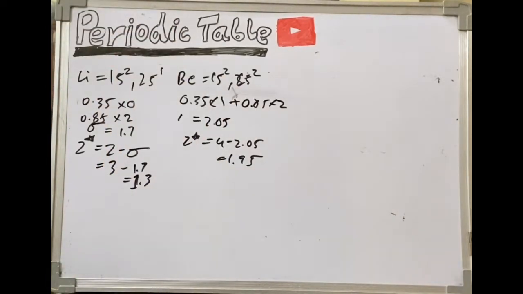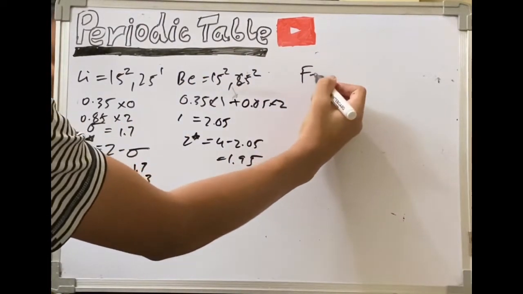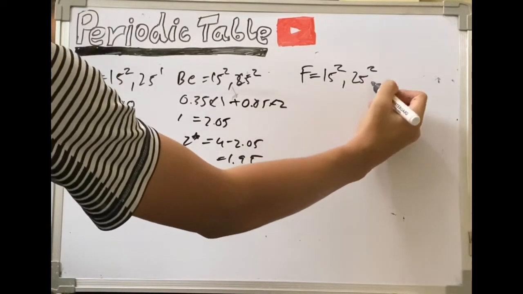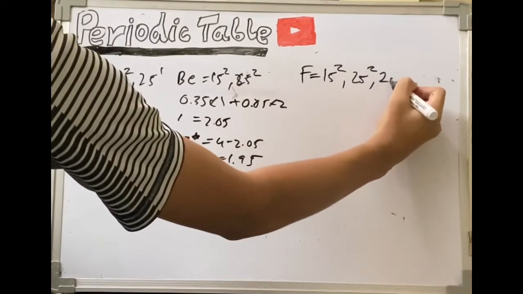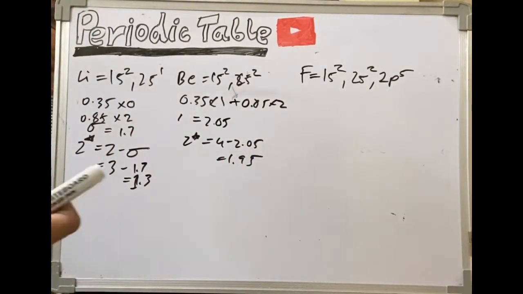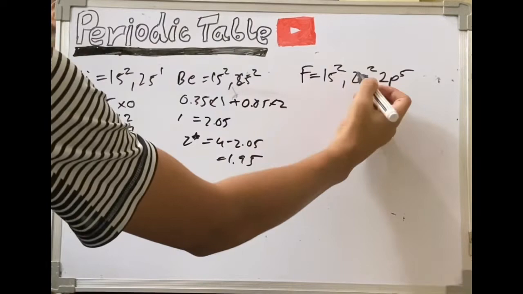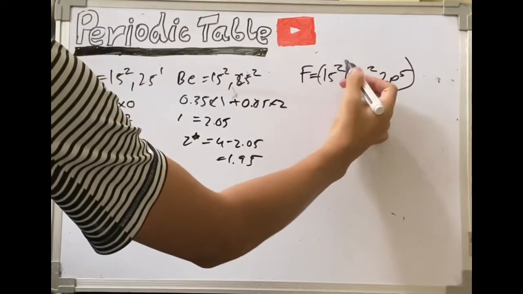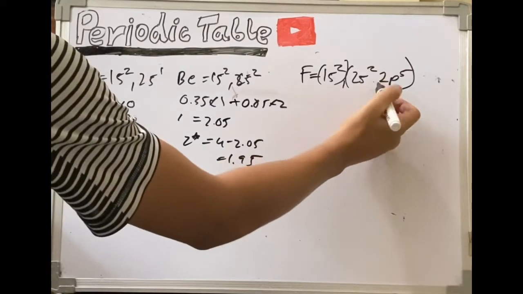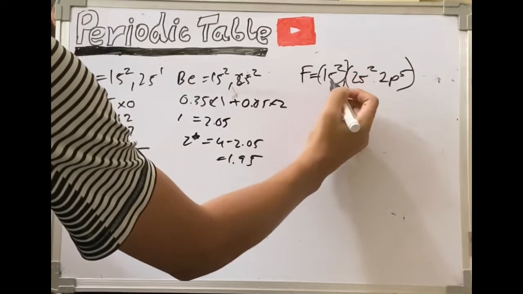Let's see. So we'll straight away jump to F now. So F will have electronic configuration as 1s2, 2s2 and 2p5. So this is the same shell, okay? Same shell. We did the pattern before, just remember that. So from here there will be 6 electrons protecting it.